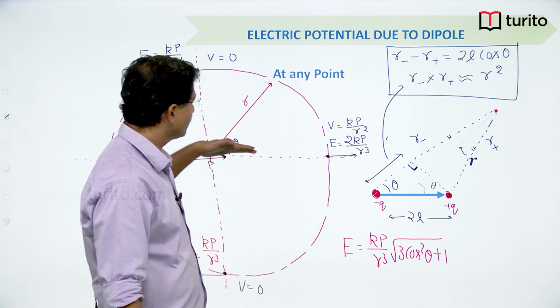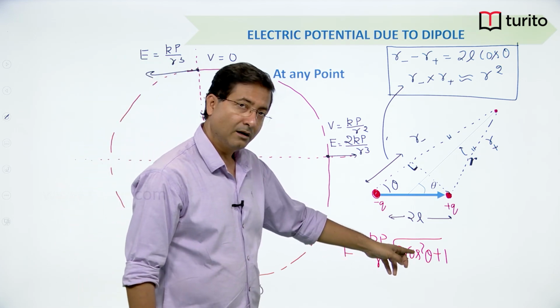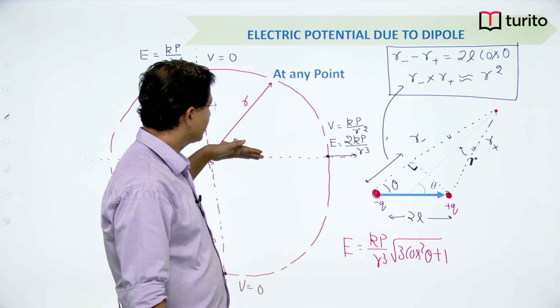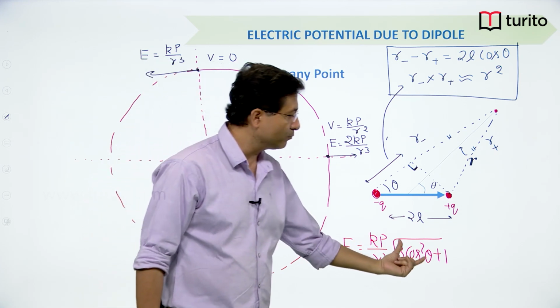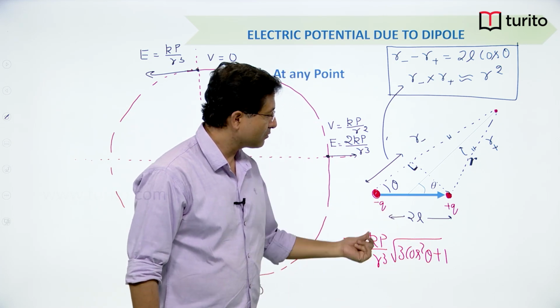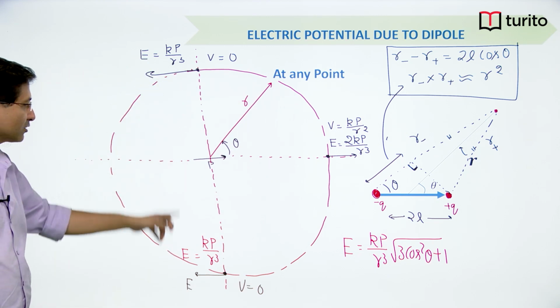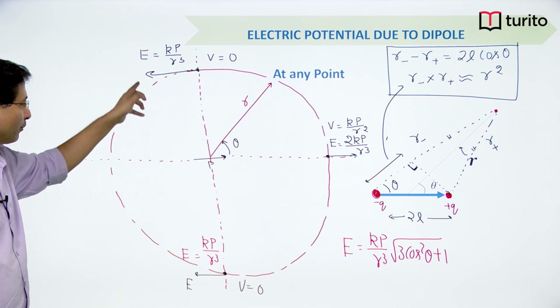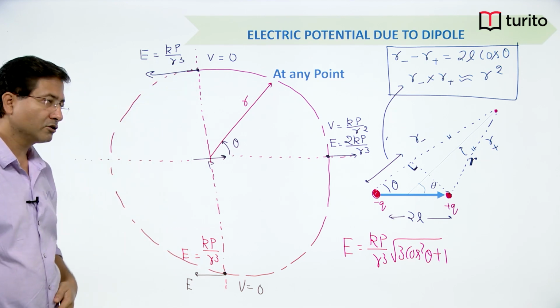So whether you substitute theta pi by 2 or 3 pi by 2, in both the cases this value will be 0. If this value is 0, then this will become kp upon r cube only. So here and here the direction of field will be opposite and magnitude same, potential 0, 0.